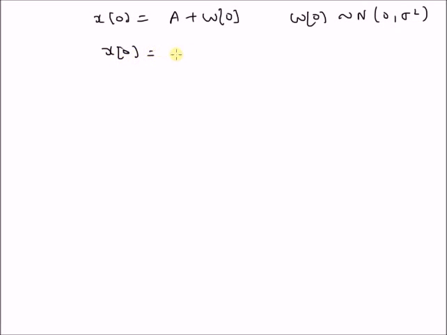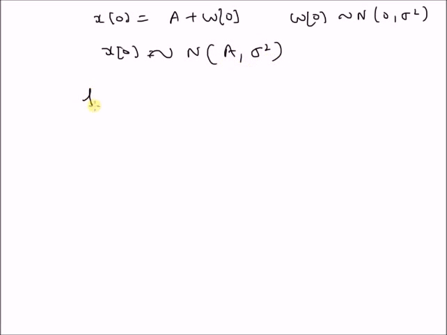That is, consider this observation model given by x[0] = A + w[0], where w[0] has a normal distribution with mean 0 and variance sigma squared, that is white Gaussian noise. Then the model for the observation x[0] is given by a normal distribution with mean A and variance sigma squared.